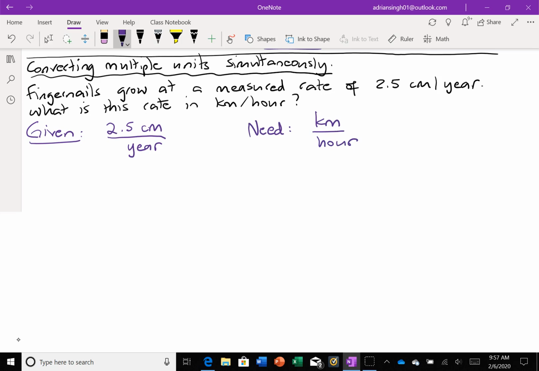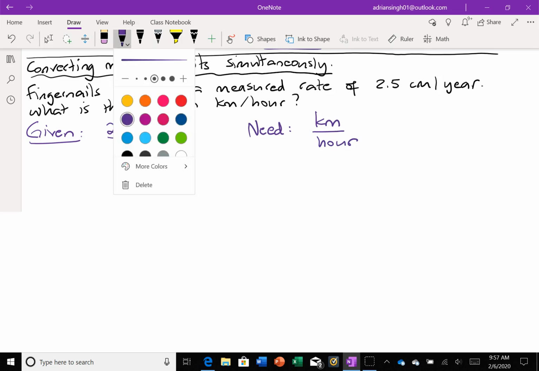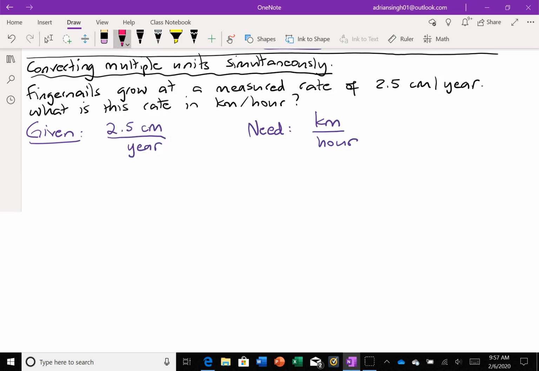All right, so we actually have 2 conversions to do. We need to do a distance conversion, centimeters to kilometers, and we also need a time conversion, years into hours. You can convert each of those individually and then divide them at the end, which is perfectly okay, or you can do them simultaneously using the dimensional analysis technique that we've used previously.